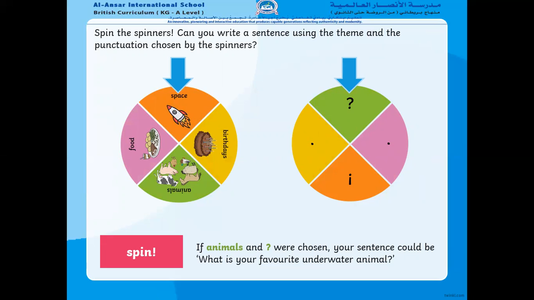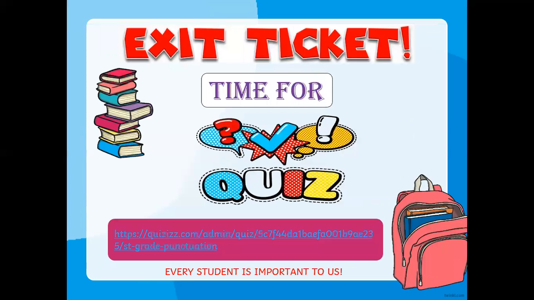So that is a question. So you will use a question mark. Similarly, you will spin the wheel and you will get different words and different punctuation, and you will practice your sentences, class. It's going to be fun.